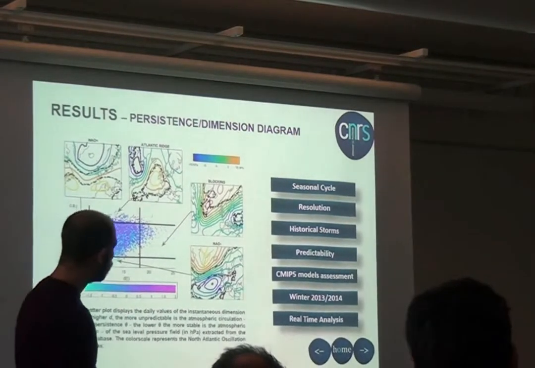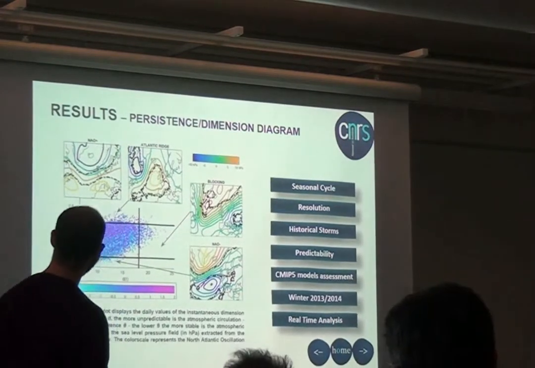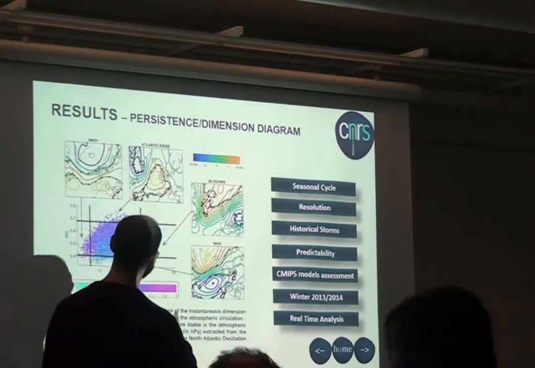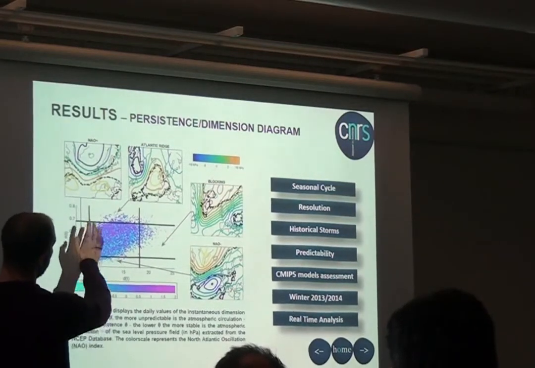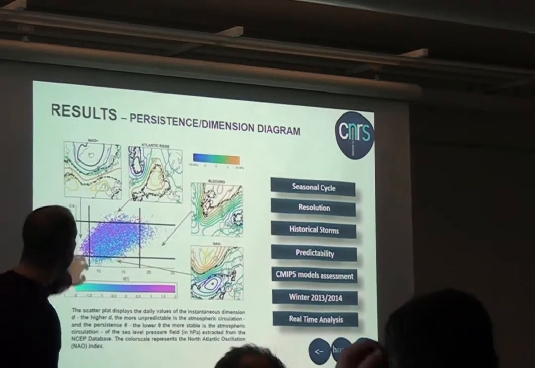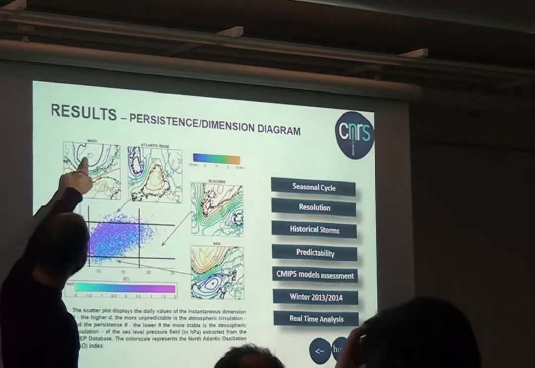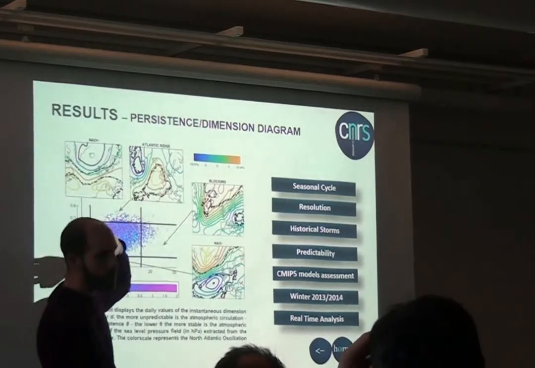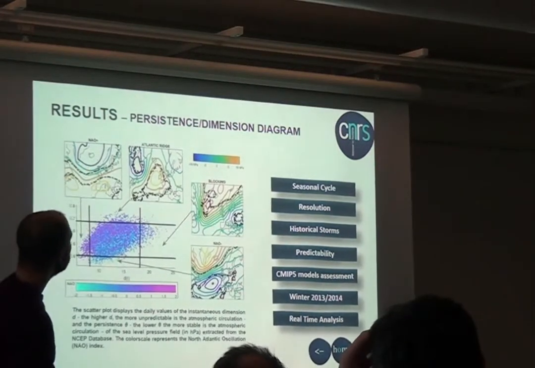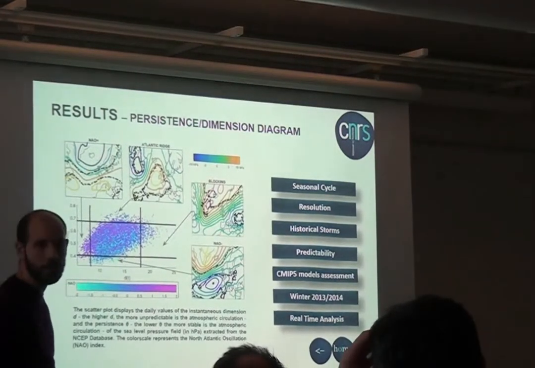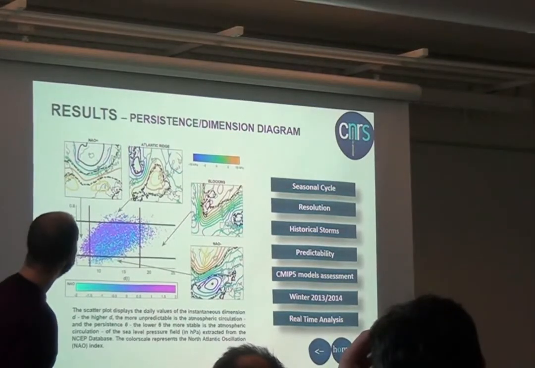We try to do this zoology of extremes, and we start, for example, from this one, that is the low dimension. You see that these are anomalies when we subtract the seasonal cycle. And we see this NAO+ pattern, because these are very strong anomalies.